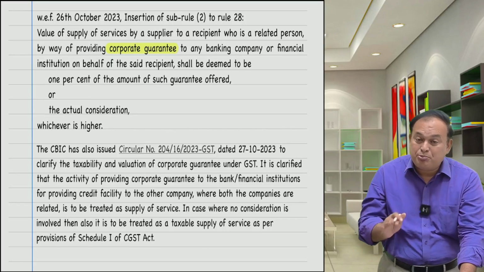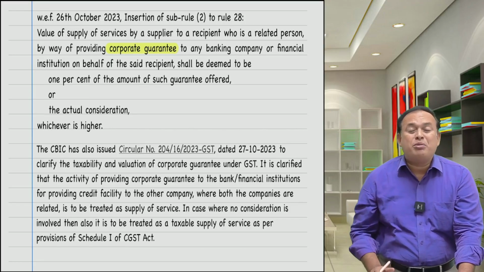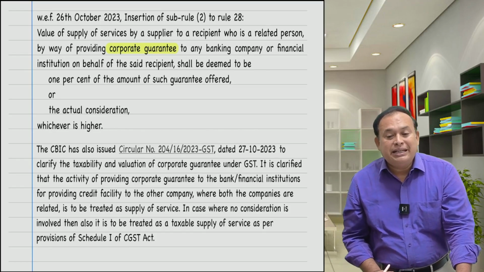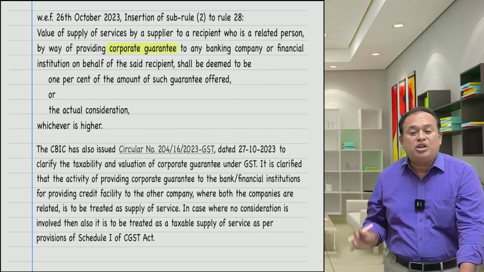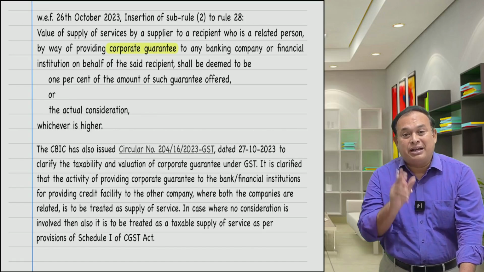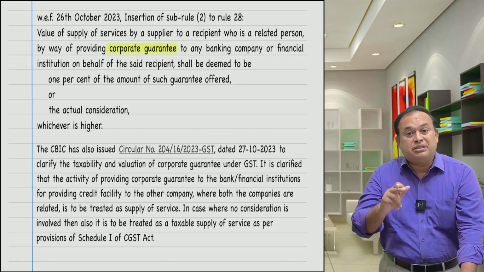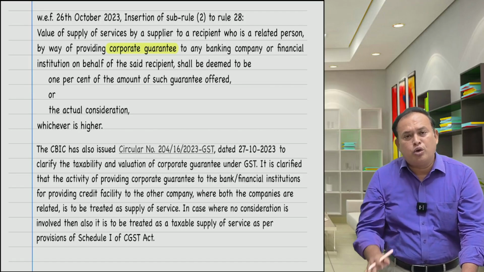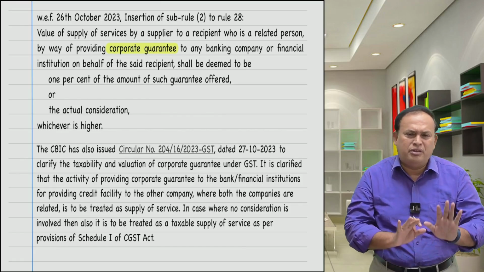It should not go by rule number 28 sub rule number 1. It is an overriding provision: rule number 28 sub rule number 2 applies when there is a corporate guarantee. If the corporate guarantee comes into the picture to arrive at the value, you are bound to follow rule number 28 sub rule number 2 only. No other valuation is applicable here.